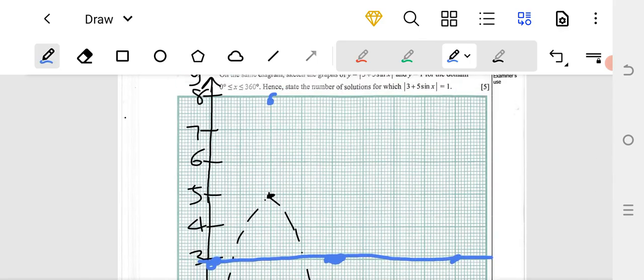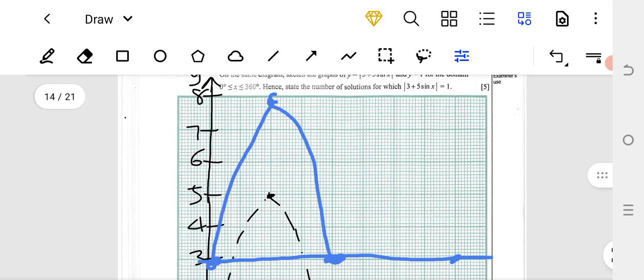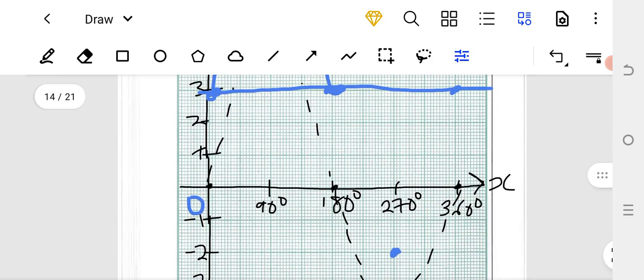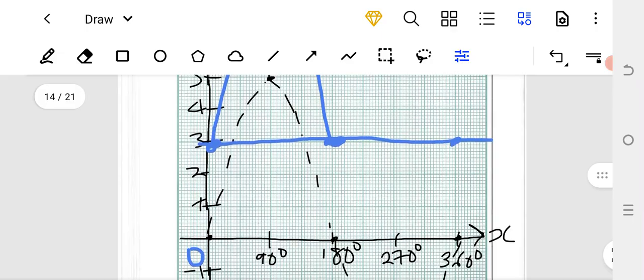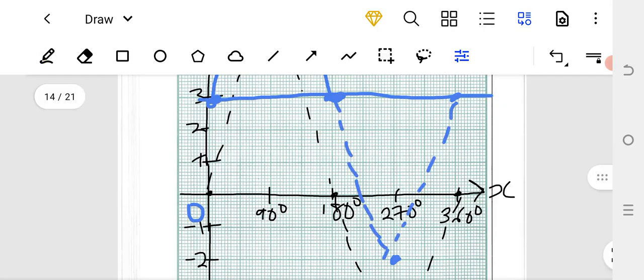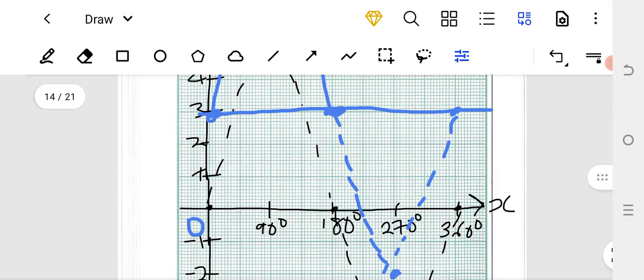So let's now sketch. We join the points, so we're going to also join that dot. Now, since our new 0 is y equal to 3, everything below y equal to 3 is negative. And take note, they asked us to draw the modulus, so we're going to also draw this part in dotted lines. Then the one that is dotted, from positive 3 to negative 2, there's a 5.